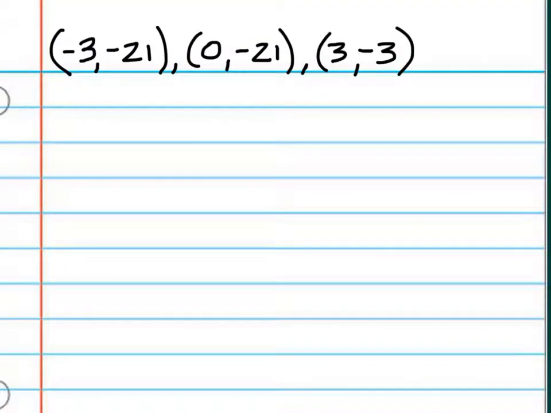Given 3 points, you must create the quadratic function whose graph passes through those 3 points. You must know that the general form of a quadratic function is y equals ax squared plus bx plus c.